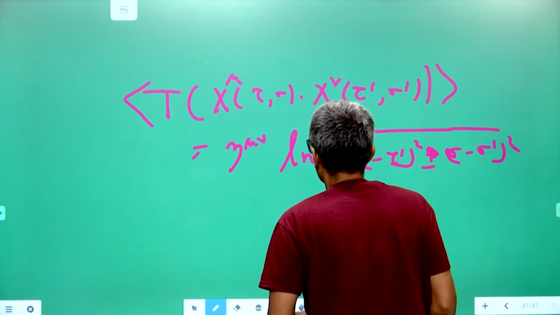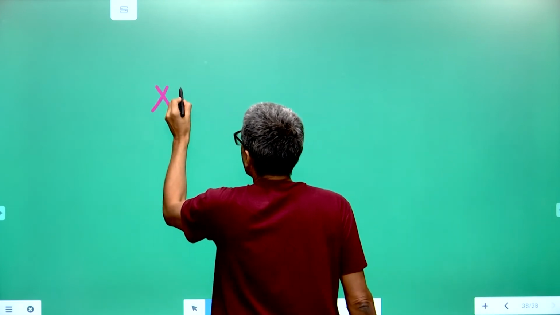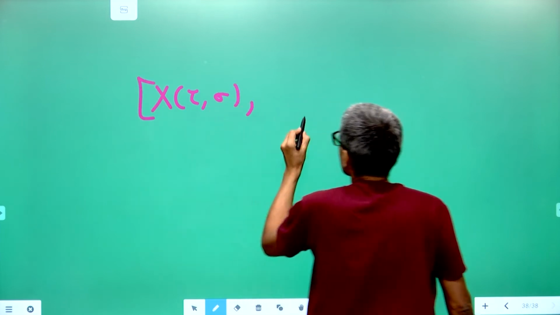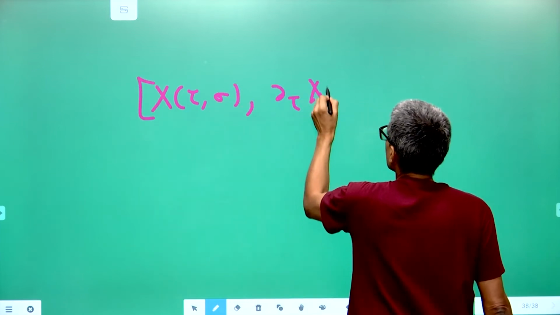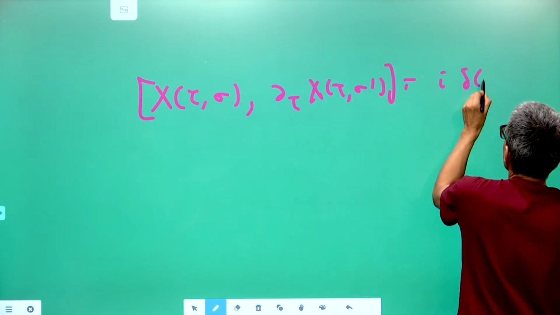If you look at this propagator, you also have an equal time commutation relation for the bosonic case of the form [X(τ,σ), P(τ,σ')] equals i times δ(σ−σ').